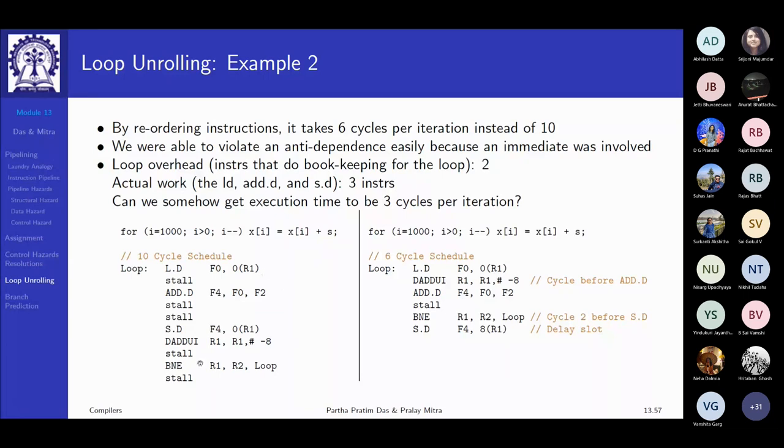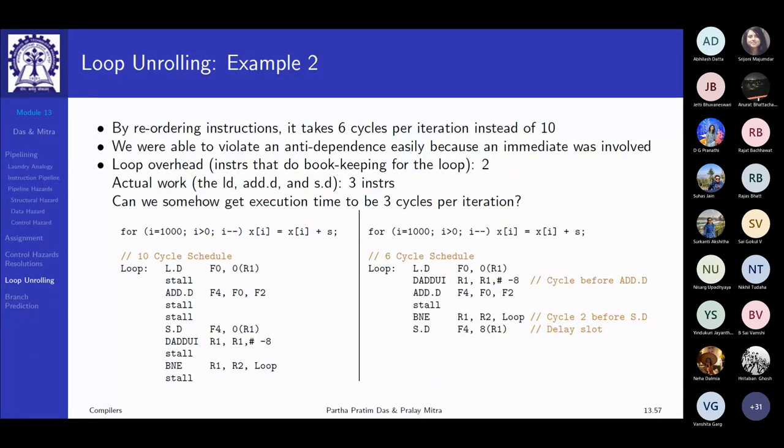You can see here, after the load there is a stall. If I have to utilize this cycle, obviously add is not possible and store is obviously not possible, but I can make use of this by decrementing R1. I can put that here. This will create a new constraint, because if I put this decrement above the add, that is before the store, the store needs to make use of this R1.